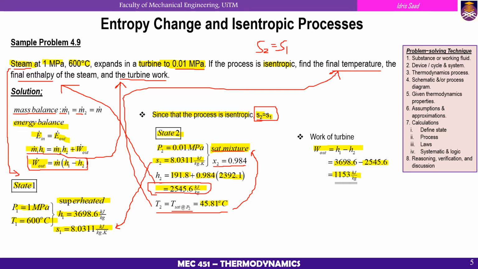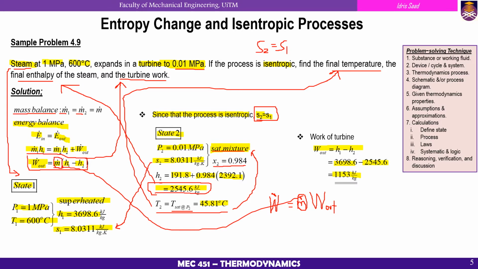So for this equation, please do remember that work dot is equal to m dot multiplied by work out, so that you can cancel this m dot on both sides.